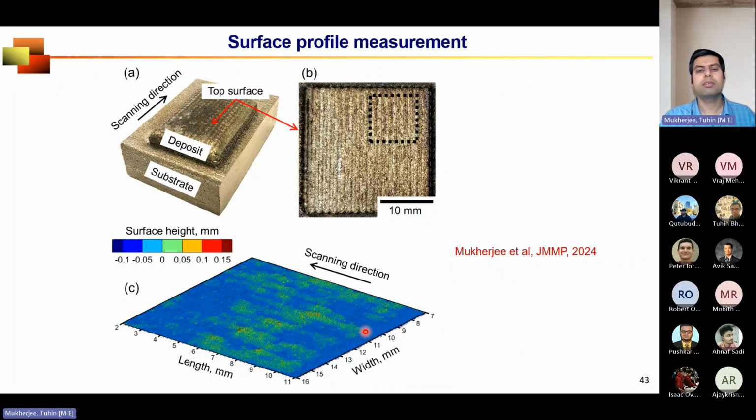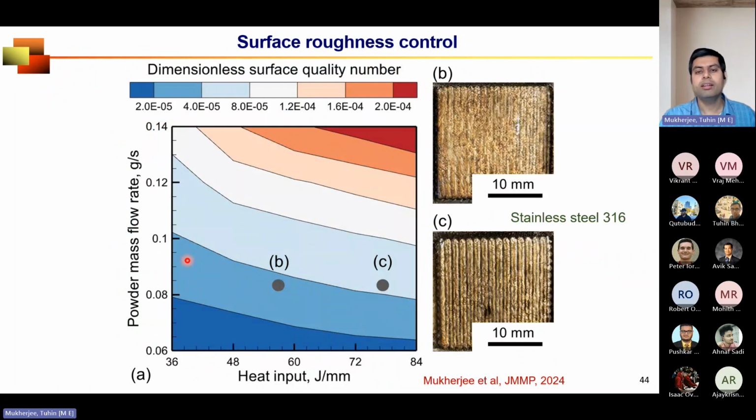So now if you know this, you can take advantage of those 3 numbers, combine them into a surface quality number, and you will see that based on that you can understand the effect of variables like heat input, this is DED, powder mass flow rate, and come up with maps where high dimensionless surface quality number means rougher surface.